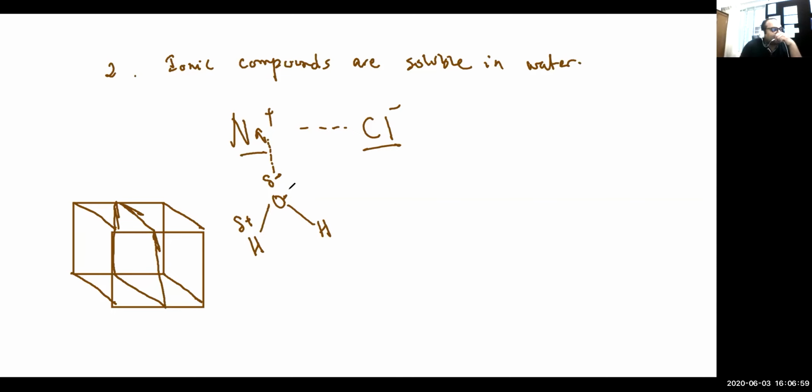There's some bonds formed between the chloride ion and hydrogen ion. So obviously এখান থেকে তুমি দেখেই বুঝতে পারছো যে opposite charges are attracting.